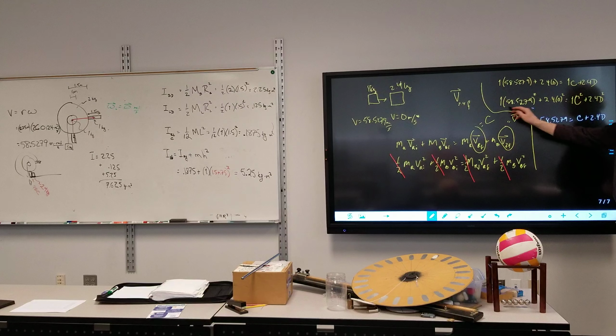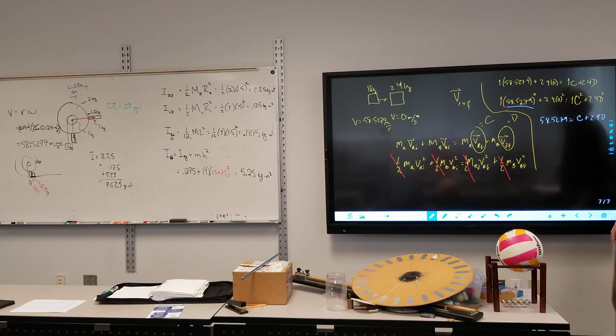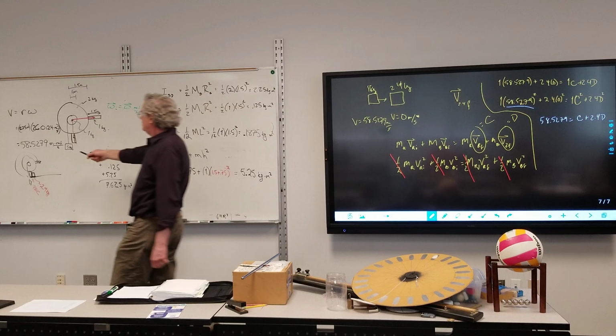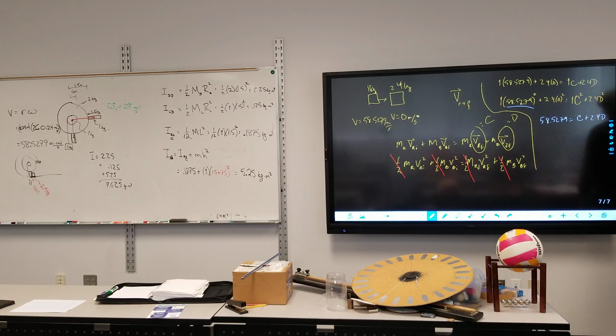The second one, I cannot do that one in my head, other than it's something less than 3,600. 58.5279 squared is 3,425.515, equals C squared plus 2.4D squared.